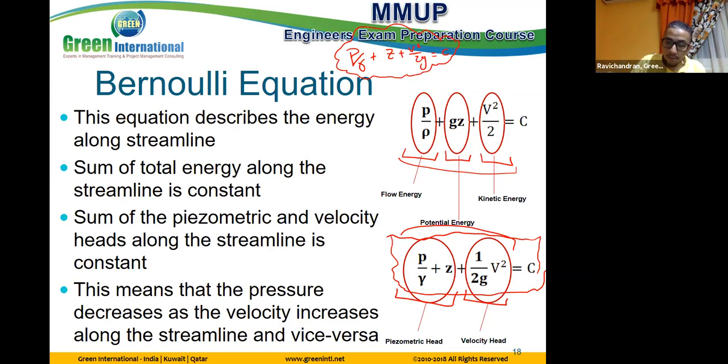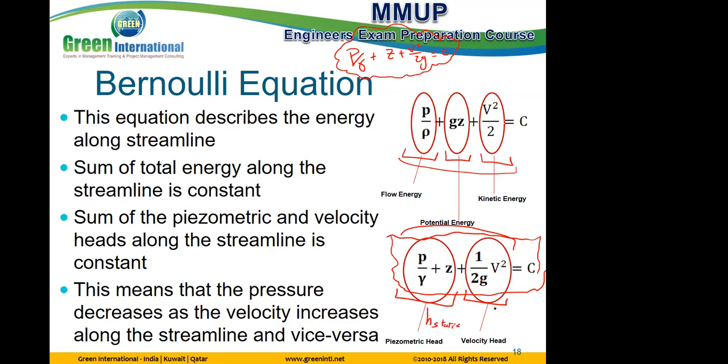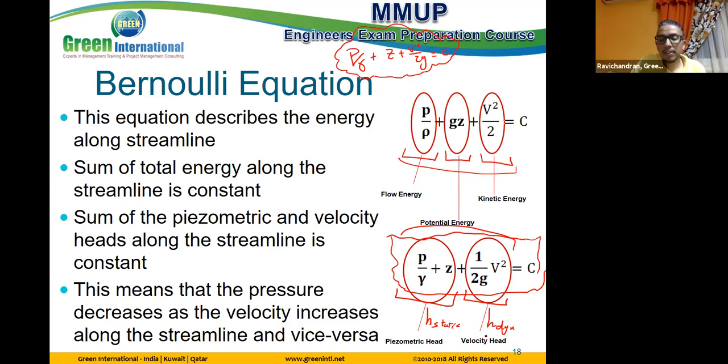Last thing I want to mention: the piezometric head refers to the static head. The velocity head refers to the dynamic head. So static head plus dynamic head is equal to the total head.